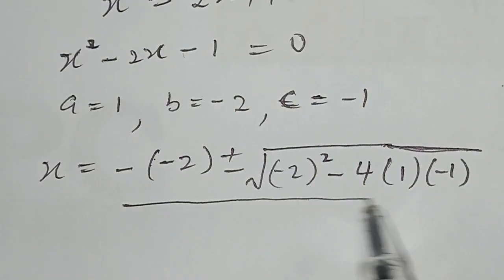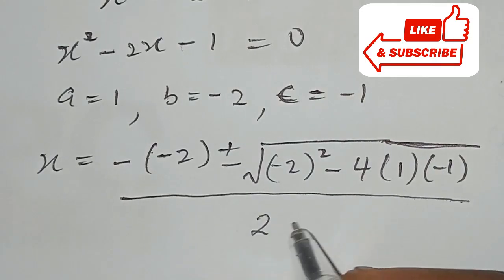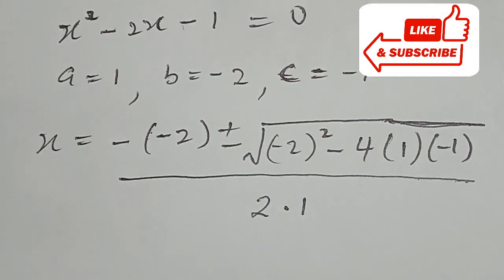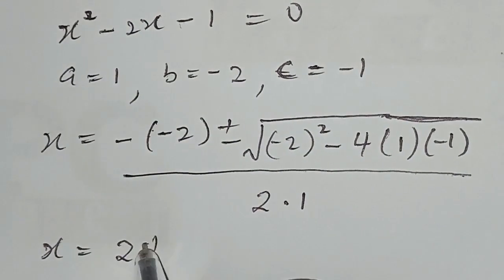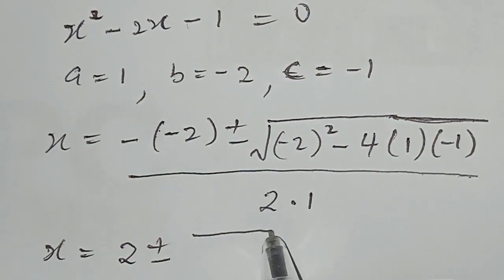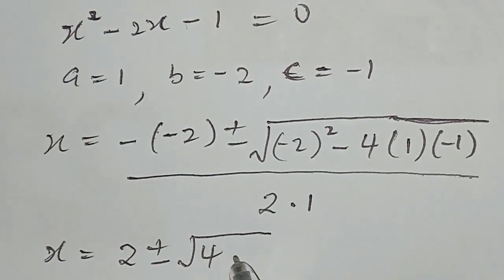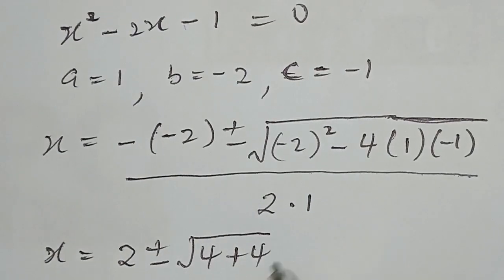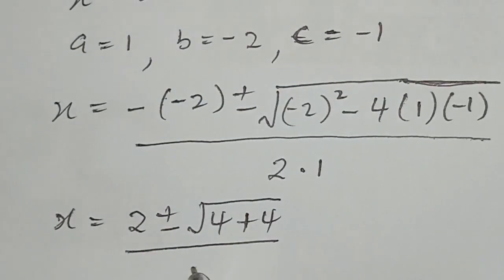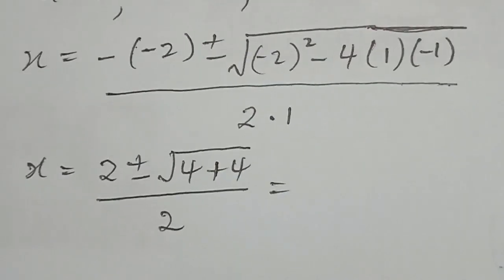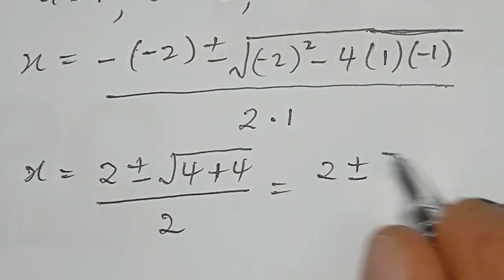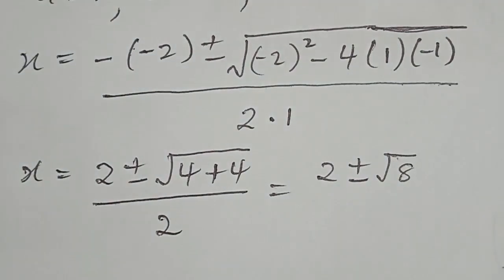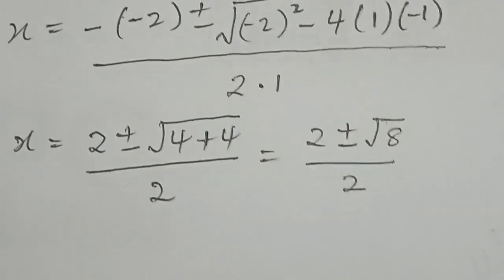Everything will now be divided by 2 multiplied by 1. So from here we have that x will be equal to 2 plus or minus the square root of 4 plus 4, over 2, and this will be equal to 2 plus or minus the square root of 8, over 2.